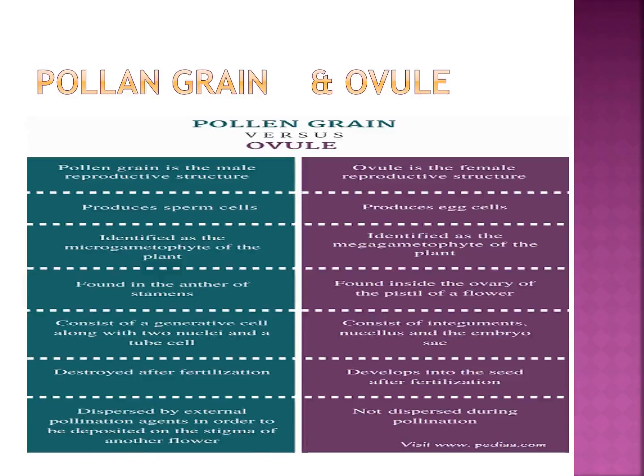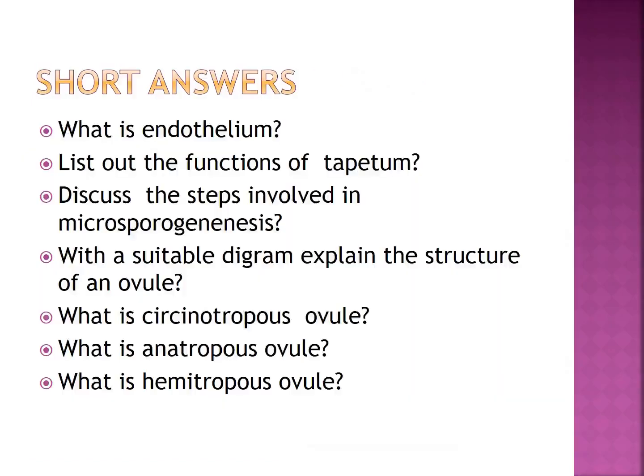Short answers. Once again I repeat, recall all the points. Pre-fertilization structures and events. Development of anther and microsporogenesis. What is called microsporogenesis? The stages involved in the formation of haploid microspores from the diploid microspore mother cell through meiosis is called microsporogenesis.